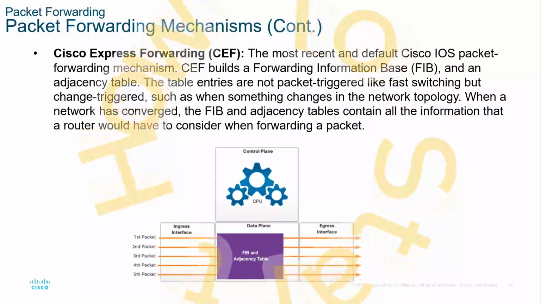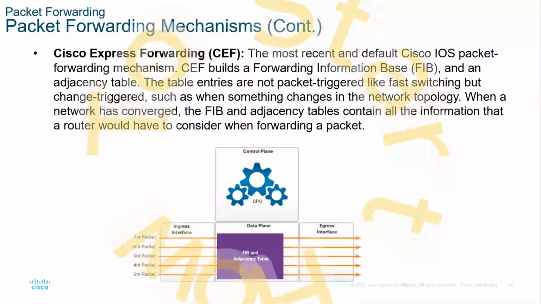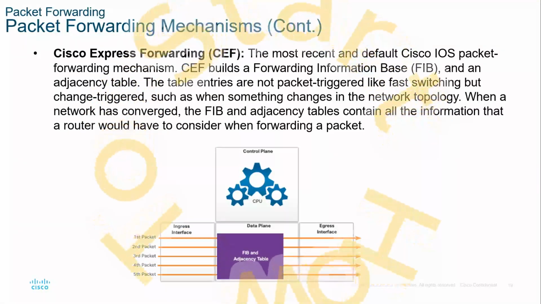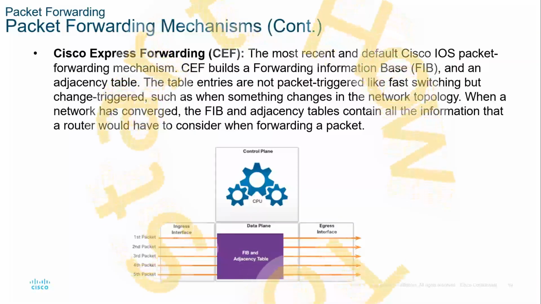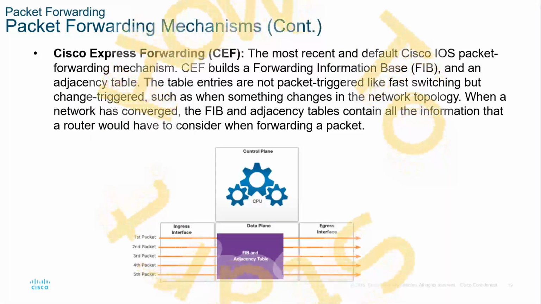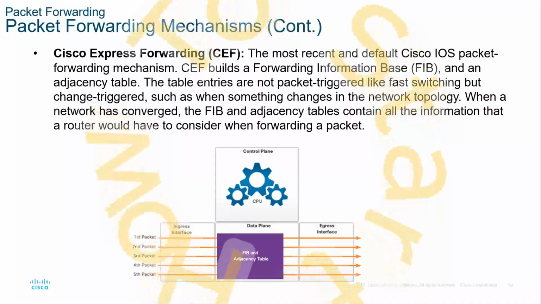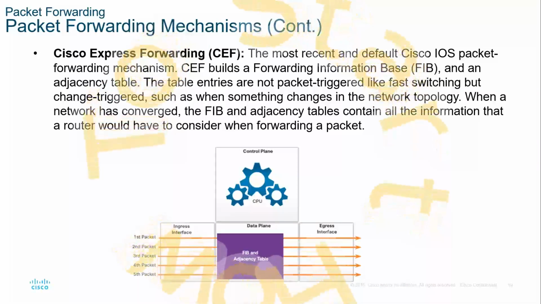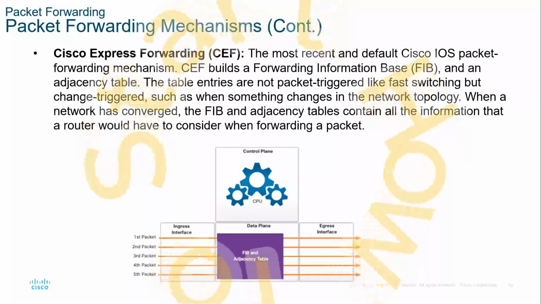The table entries are not packet triggered like fast switching, but change triggered, such as when something is changed in the network topology, then the information will be updated. When a network has converged, the FIB and adjacency tables will contain all the appropriate information that the router will need to make the appropriate next hop or forwarding decision.